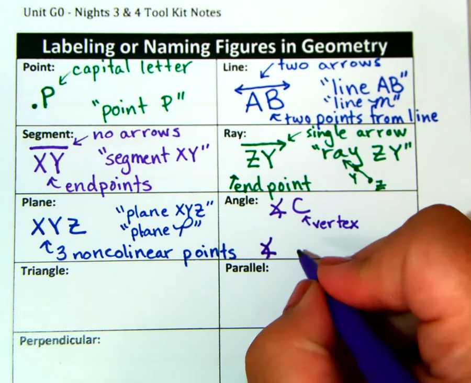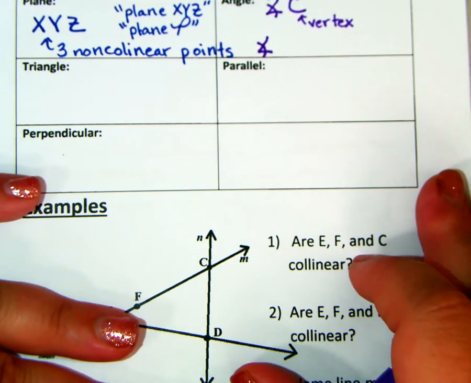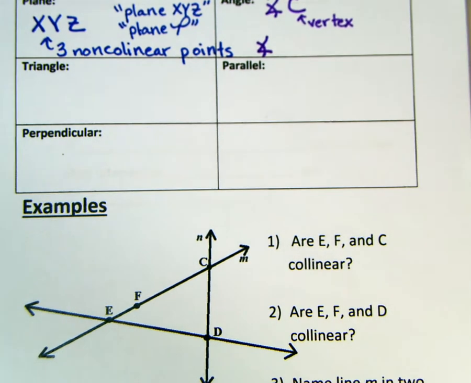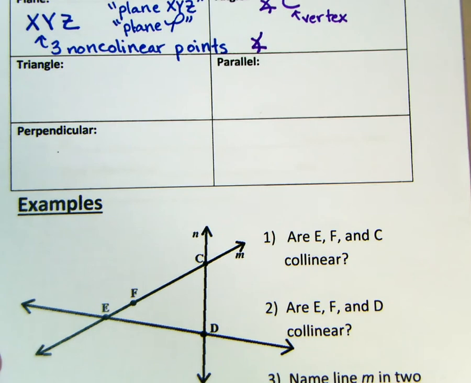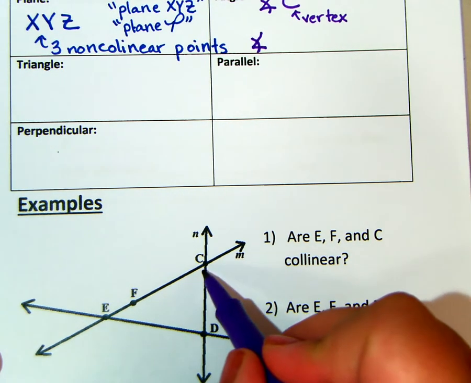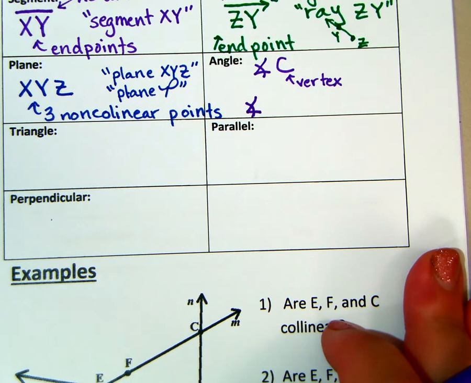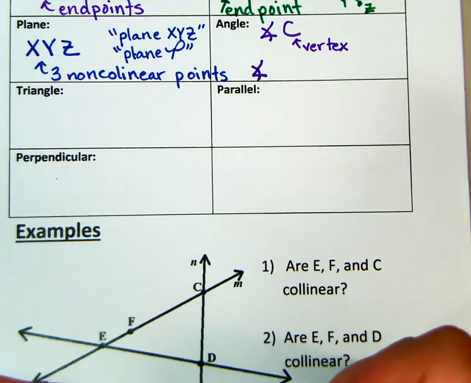You can also use the vertex if there's more than one angle at C. Here's a good example of there being more than one angle at C. Which means that we would have to use more letters to tell us which angle we're talking about. So we would use ECD to represent this angle.